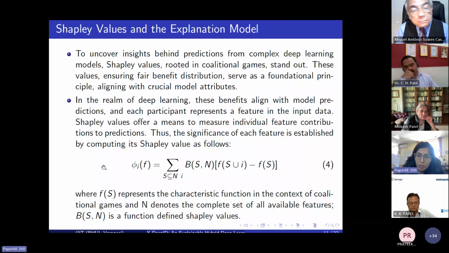The Shapley value offers a means to measure an individual feature's contribution to the prediction, and the significance of each feature is established by computing its Shapley value using this formula. Here, f of S represents the characteristic function in the context of collaboration games, and N denotes the complete set of all available features, and this function is for calculating important features from each Shapley value.